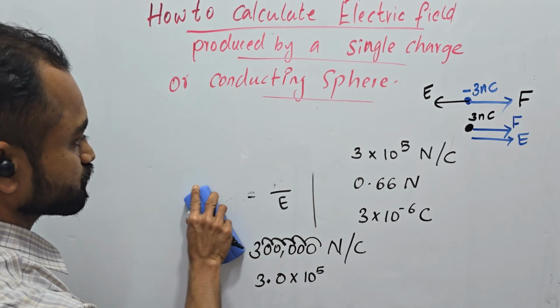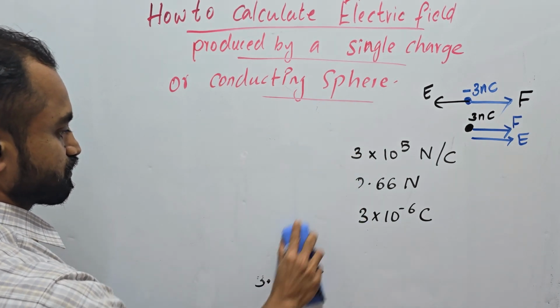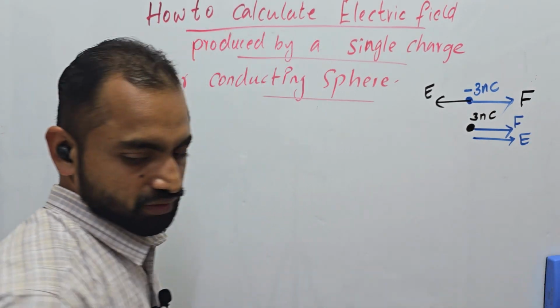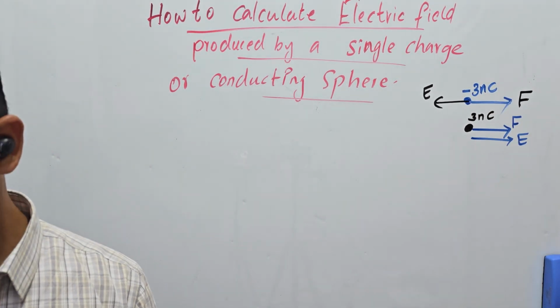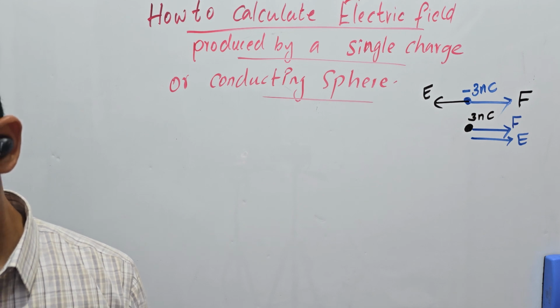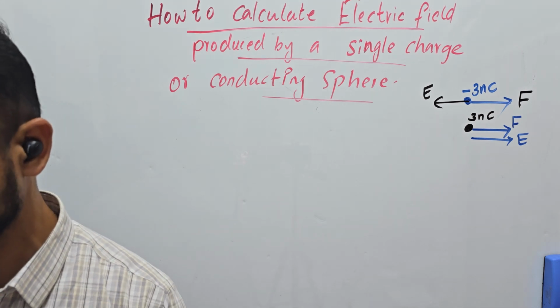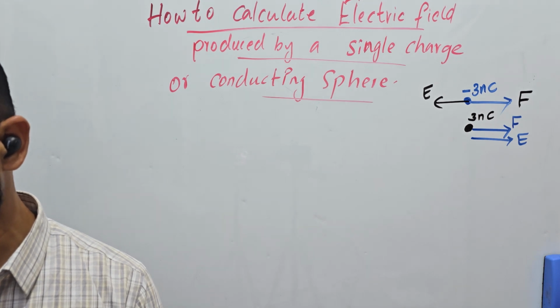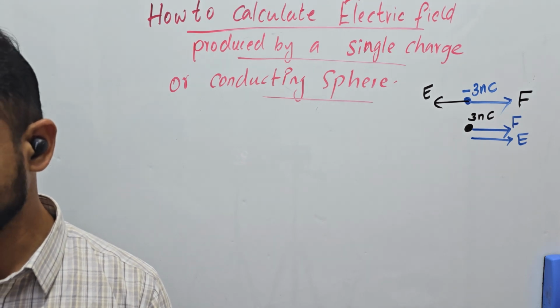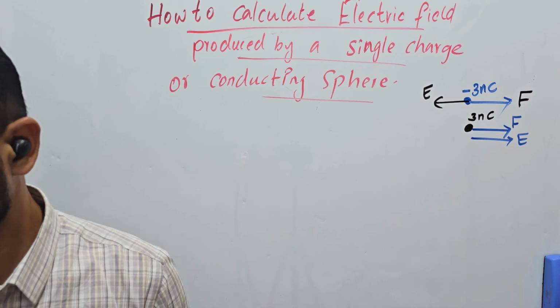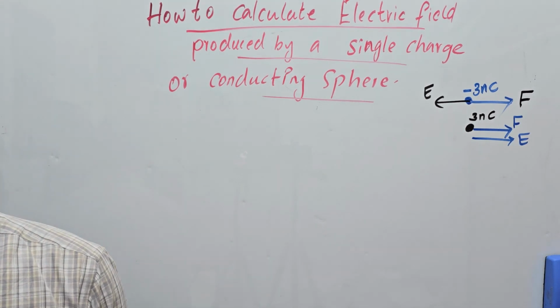Okay, students, can I erase? Question number 28. A negative test charge is placed in an electric field as shown in the figure. It experiences a force as shown. What is the magnitude of the electric field at the location of the charge?